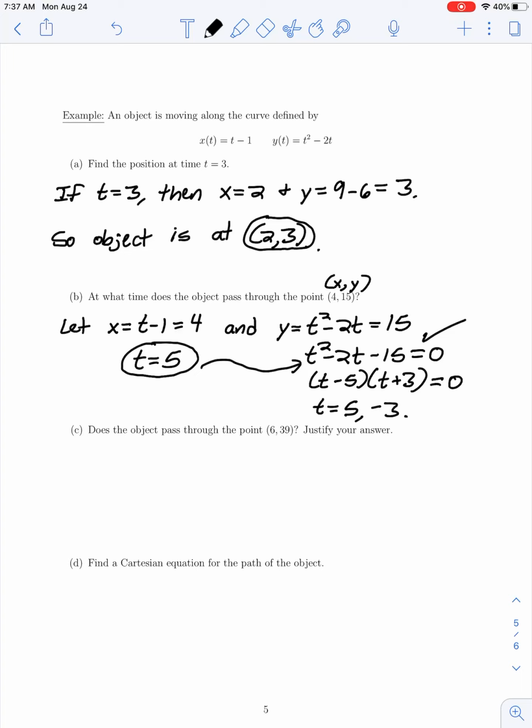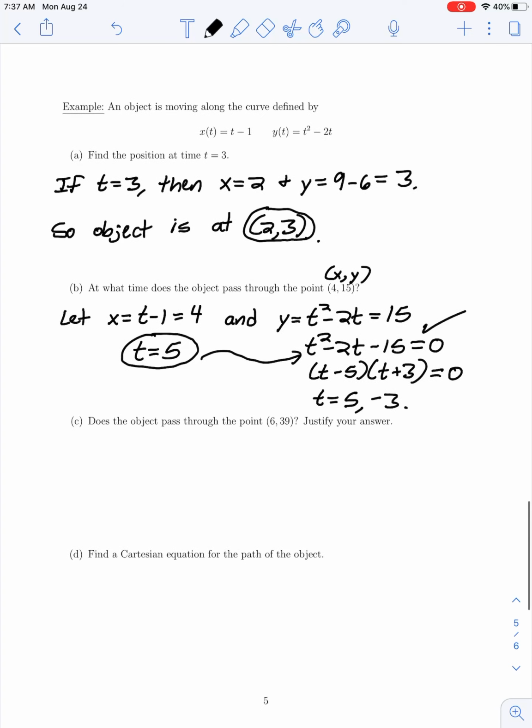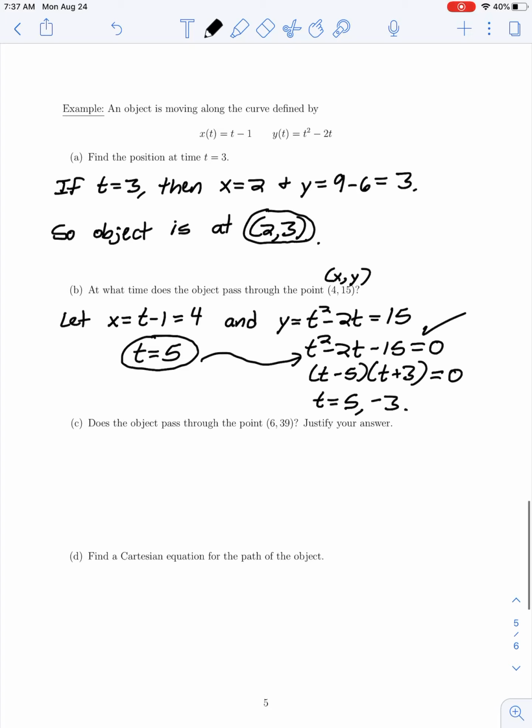So in part C, we ask the question, well, does the object pass through a given point, say (6, 39), and then justify our answer? So similar to what we did in part B, to see if our object passes through this point, we're going to take these coordinates as our x and y values and see whether they satisfy these set of parametric equations.